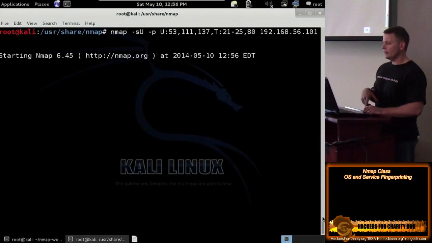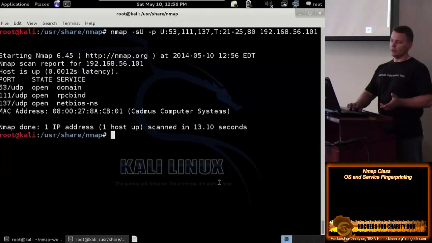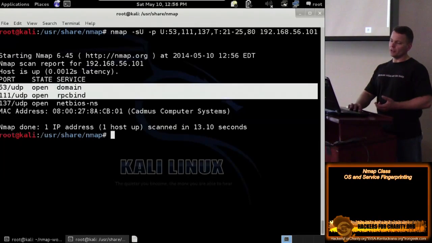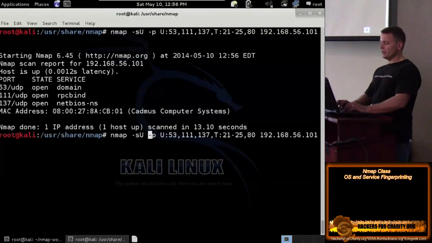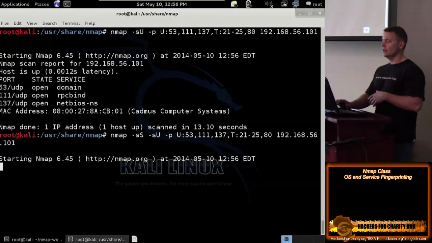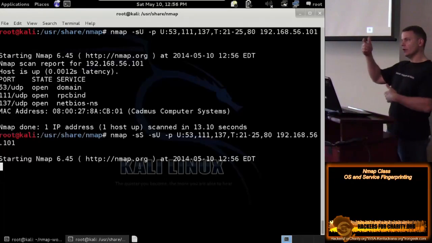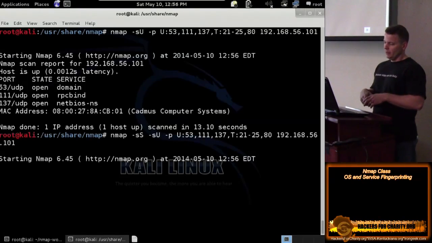And I'm pretty sure in this case you'll miss the TCP portion of those ports. So we only got back the 53, the 111, and the 137. We have to remember that we've got to specify explicitly the -sS in this one particular scenario, and then the -sU together to make sure that we run both types of scans.